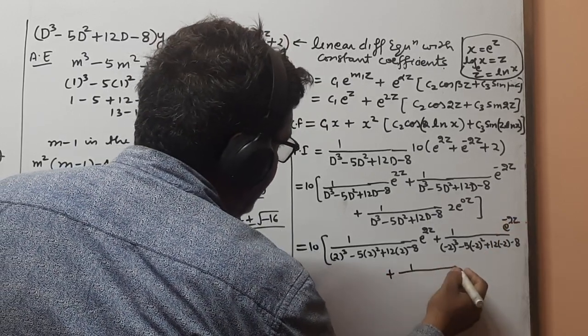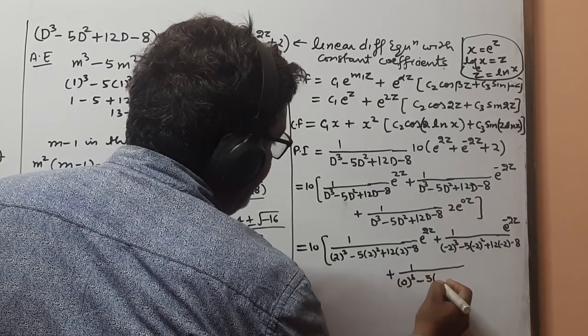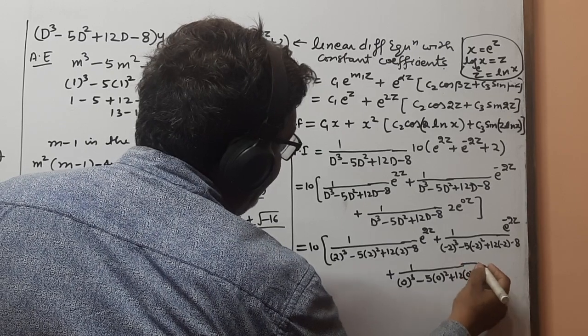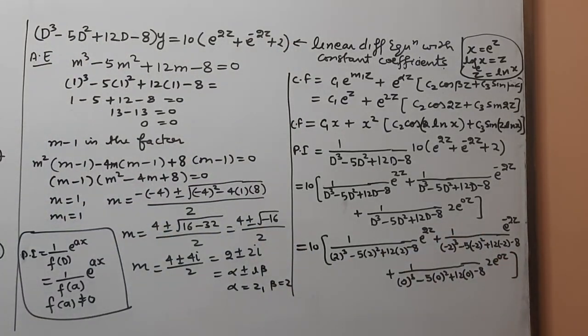And in the third term, we replace D by 0. Now we simplify this and get the particular integral of the linear differential equation with constant coefficients.